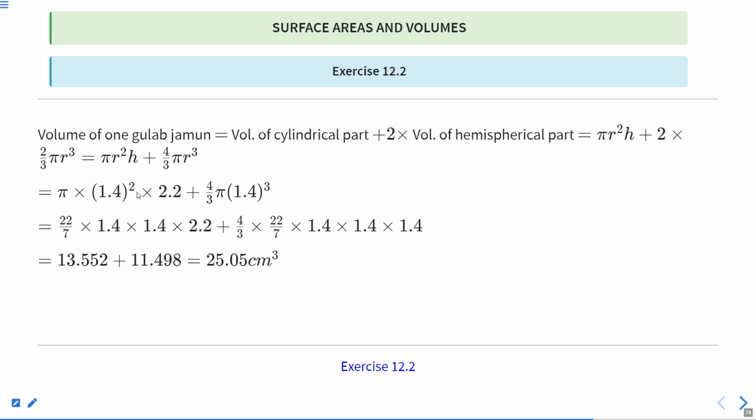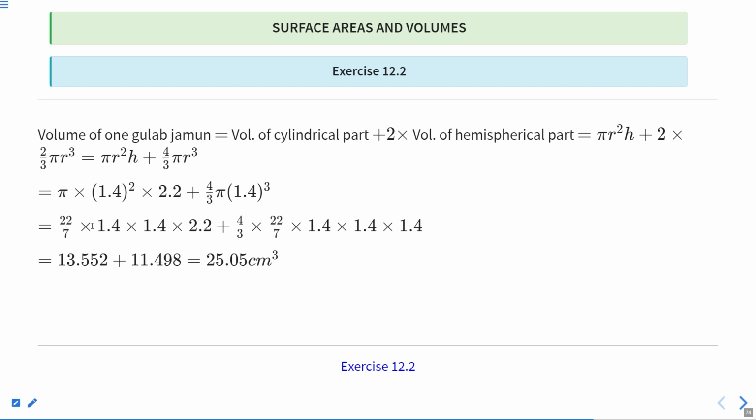Putting the value of pi as 22 by 7, we get 22 by 7 into 1.4 into 1.4 into 2.2 plus 4 by 3 into 22 by 7 into 1.4 into 1.4 into 1.4.